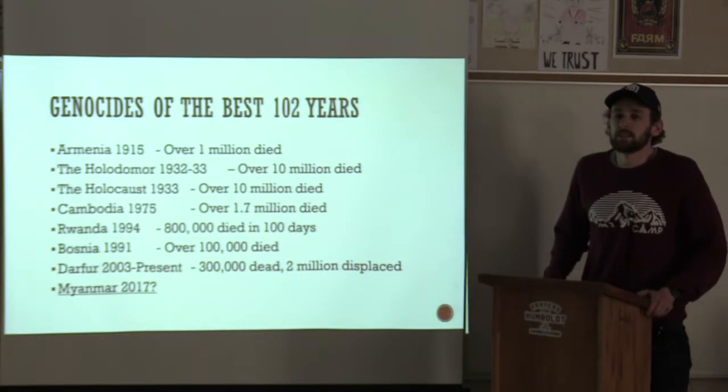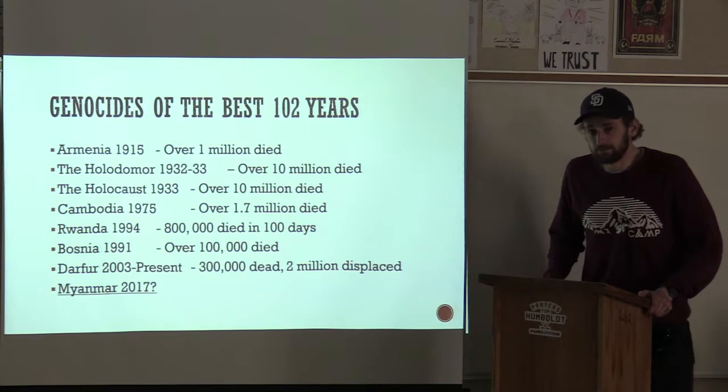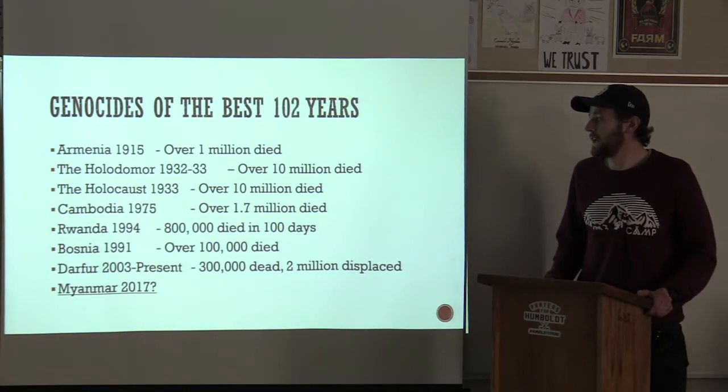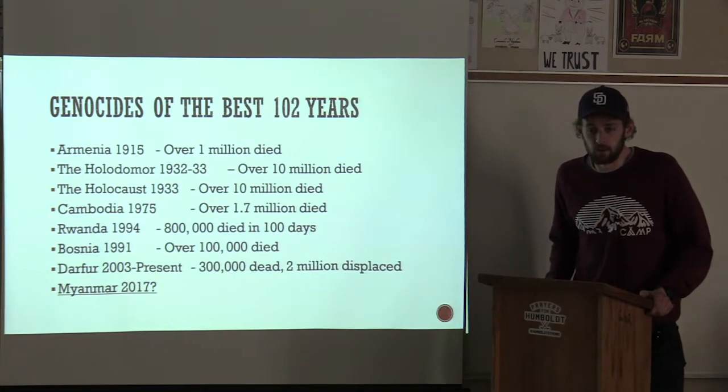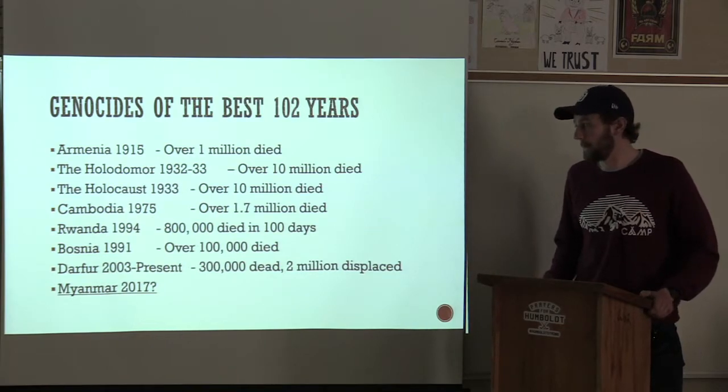So since 1900, we have seen a lot of genocide. Just in the last 102, 103 years, we've seen the Armenian genocide, which took place during World War I, in which we saw the Ottoman Empire kill over 1 million Armenian people, Christian people who were living within the Ottoman Empire.